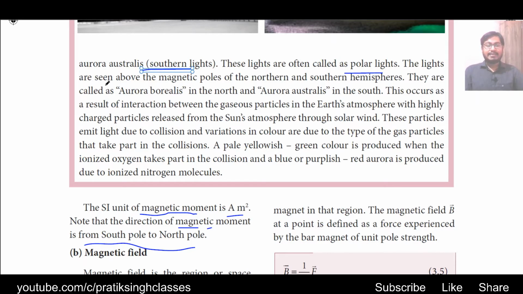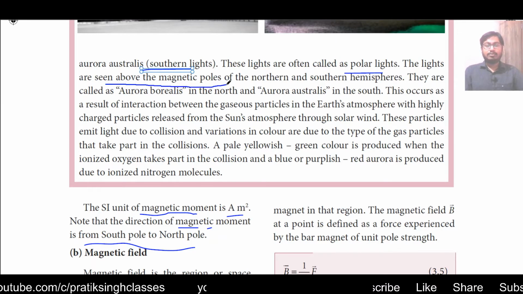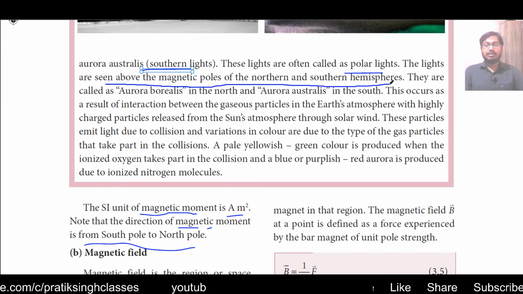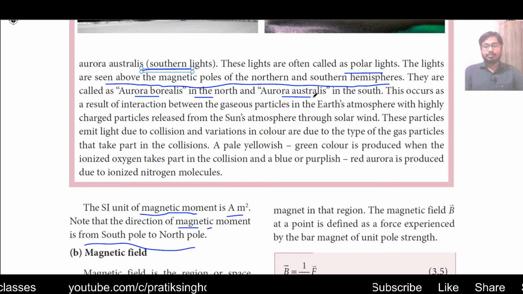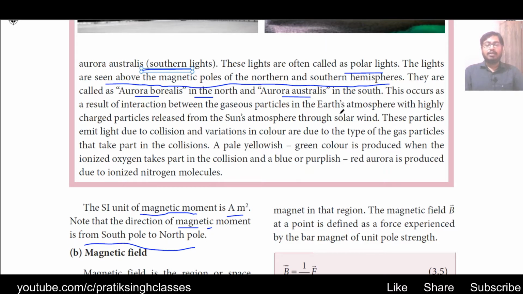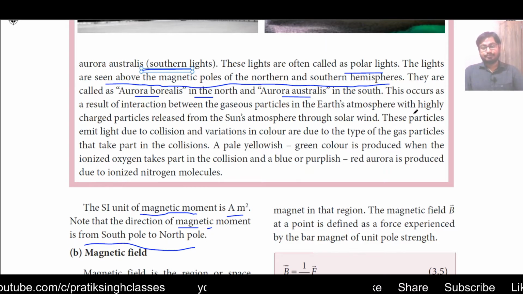The lights are seen above the magnetic poles of the northern and southern hemispheres. They are called aurora borealis in the northern and aurora australis in the southern regions near the poles.